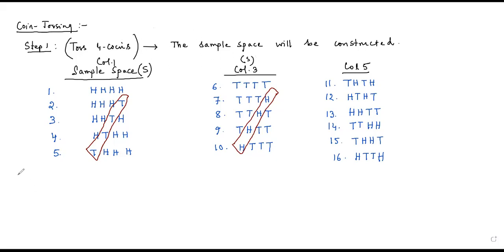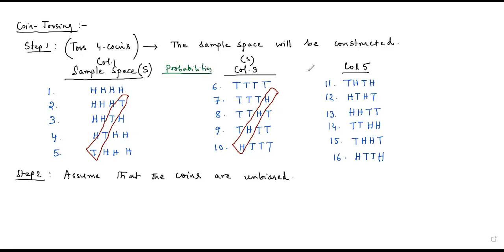Now in step number 2, I will assume that the coins I'm working with, or the physical system, are unbiased. As soon as I assume that the coins are unbiased, then since there are 16 outcomes, we can put the probabilities in between.